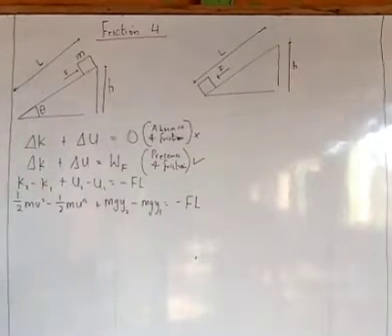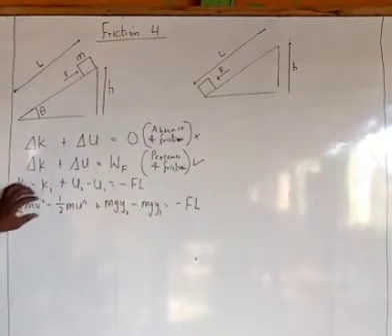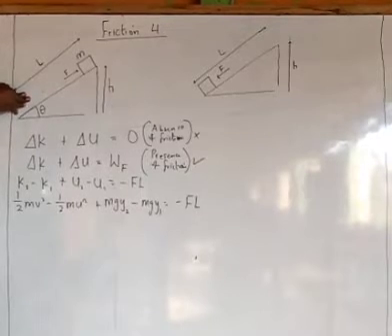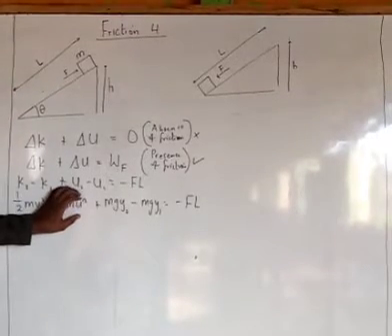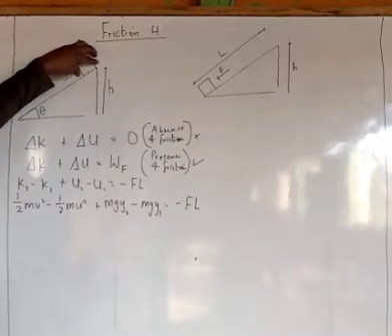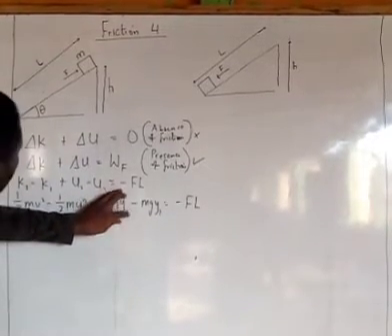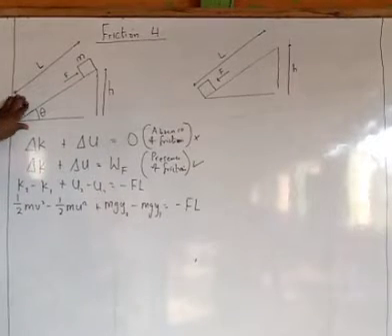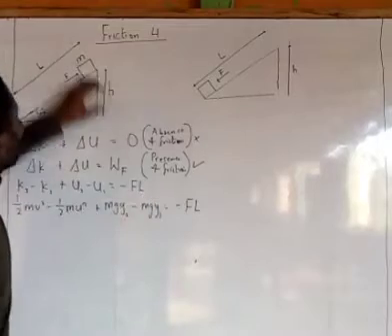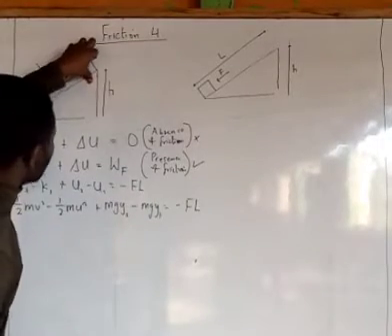Now, half mv square, that is kinetic energy when the body reaches here. Half mu square, that is kinetic energy when the body is released. mgy2, that is potential energy when the body reaches here. mgy1, that is potential energy when the body is here.